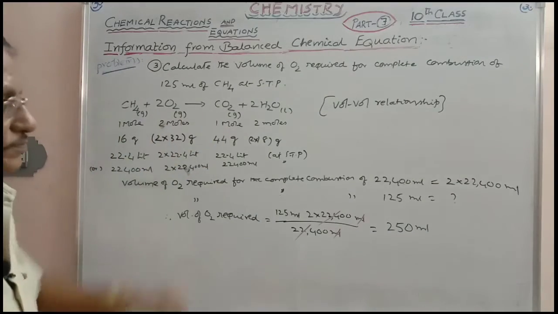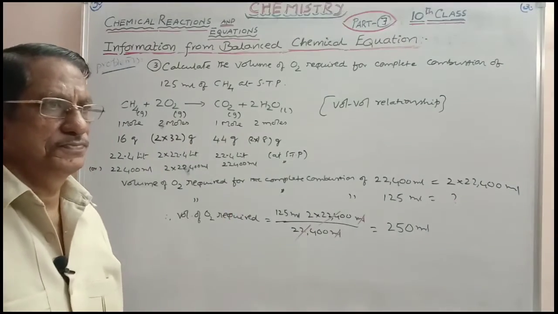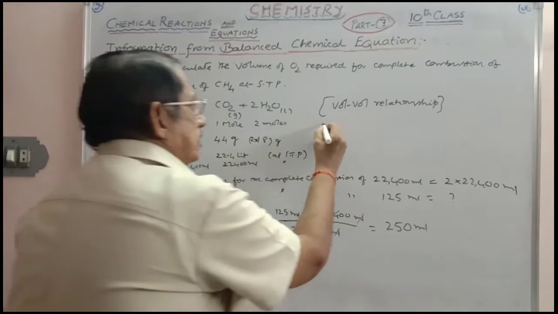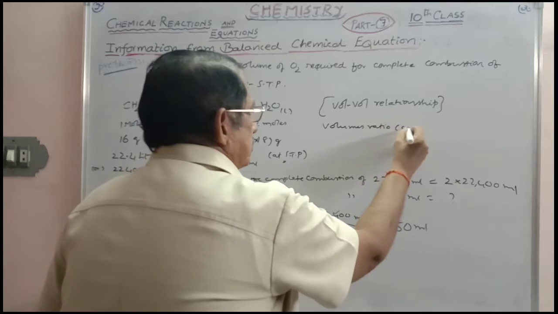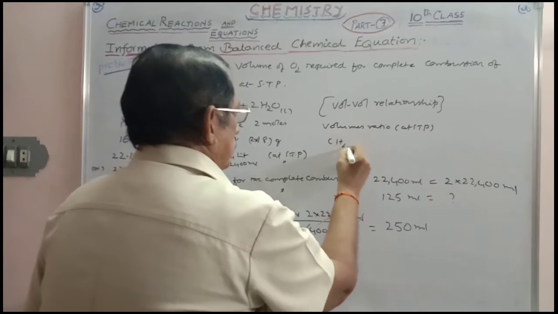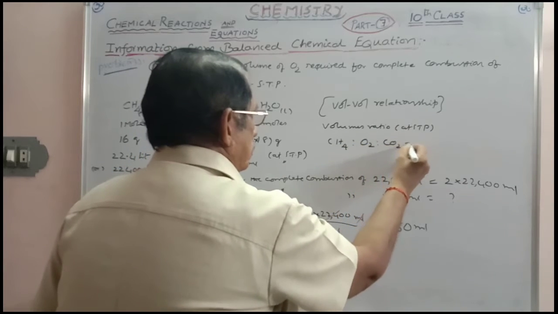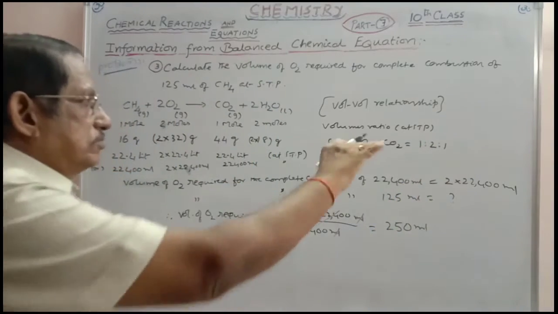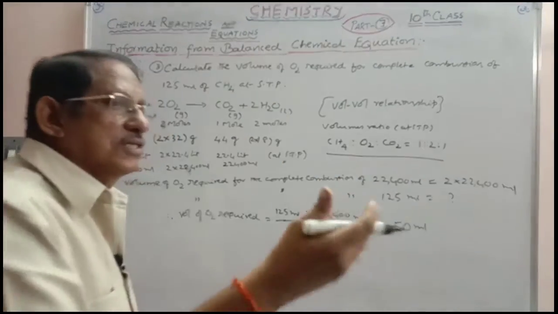All these are gases. When the volumes are measured at STP, you can get the volume ratio also. Volume ratio is 1:2:1, at the same temperature and pressure. CH4 is to O2 is to CO2 is equal to 1:2:1. This is the volumes ratio, and that is nothing but the Gay-Lussac law of combining volumes.